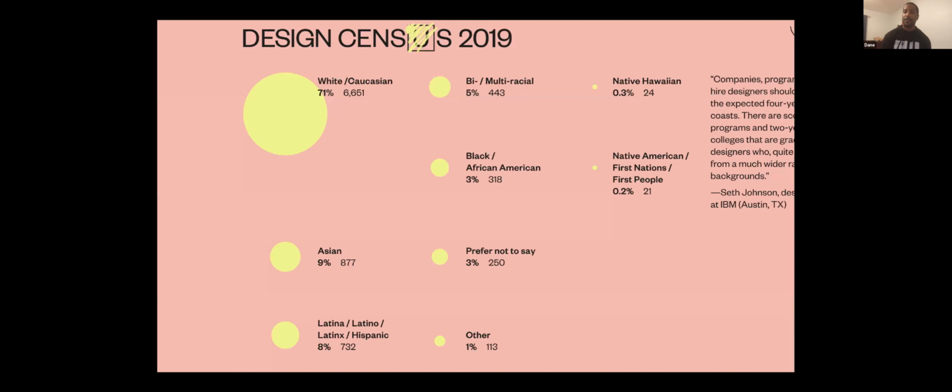And this doesn't even account for, to Regine's point earlier, there's going to be a lot of things that Regine said that I'm probably going to speak to as well, people with disabilities who represent an even smaller percentage of the design population, even though the global population of people with disabilities is 15%.